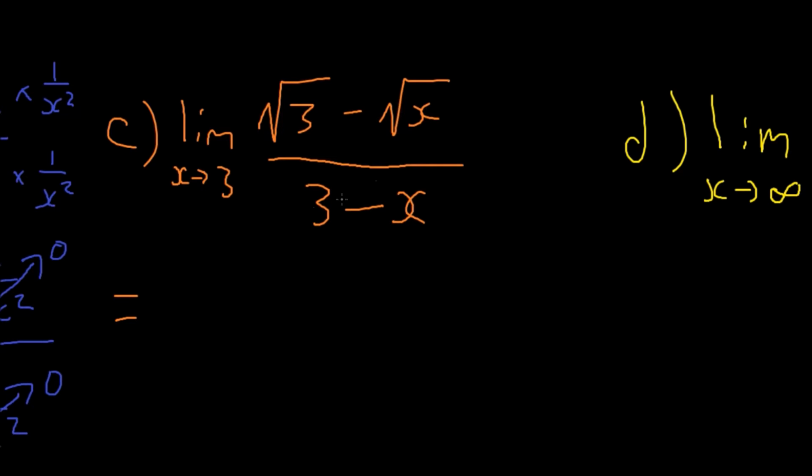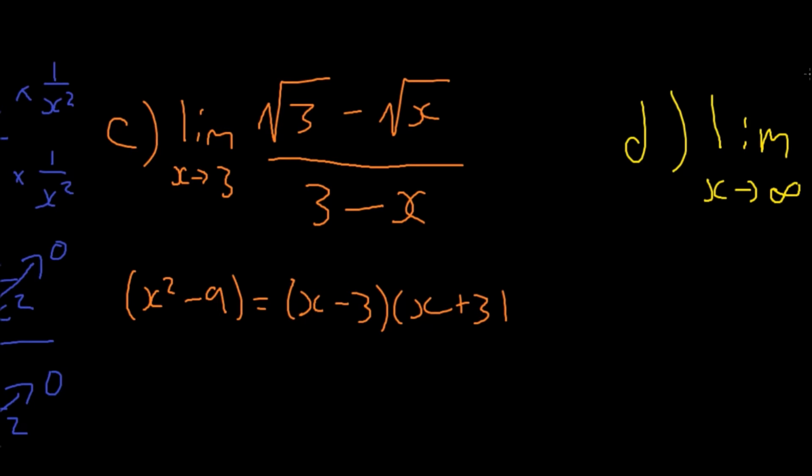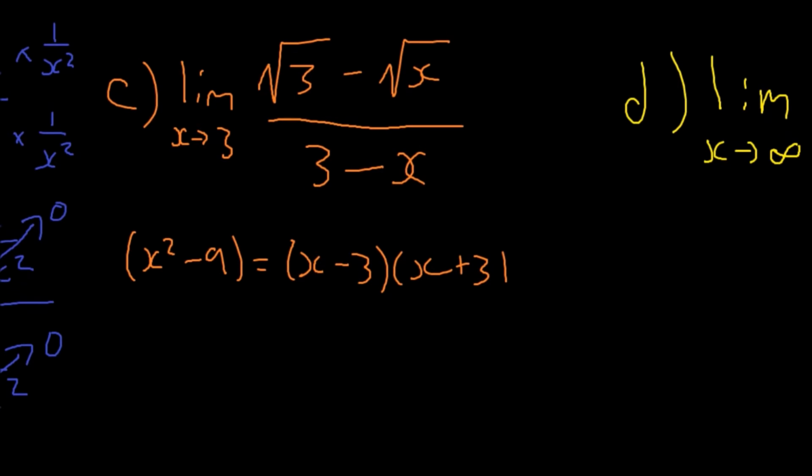And how we'd accomplish this is when you have something, so when you have x squared minus 9, this equals x minus 3 times x plus 3. This is a difference of squares scenario that we can use to our advantage.